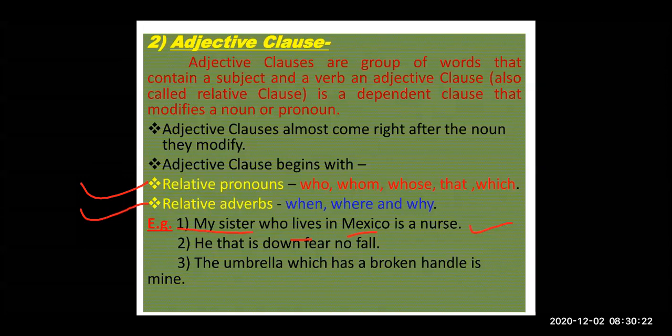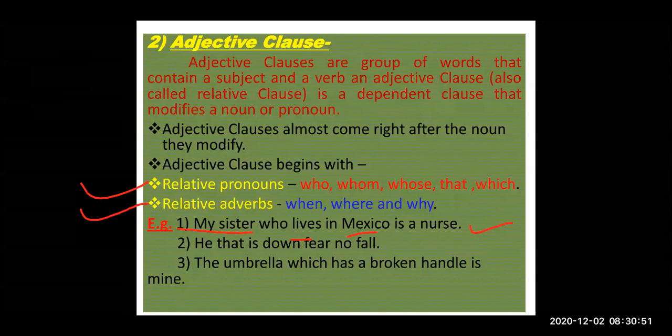What we have seen in the definition: "my sister who lives", this is your dependent clause, which modifies the noun sister, and which is a subject and verb combination. Lives is the verb, Mexico is the subject, which modifies the noun sister, and it comes on the right-hand side.